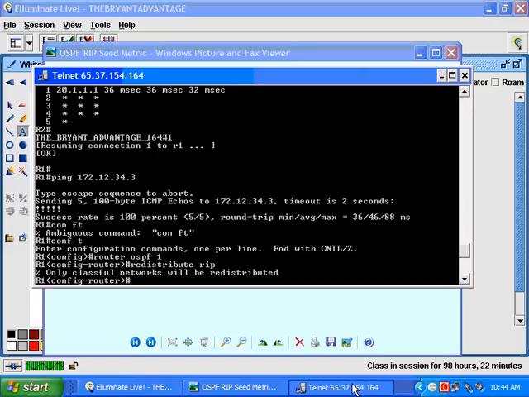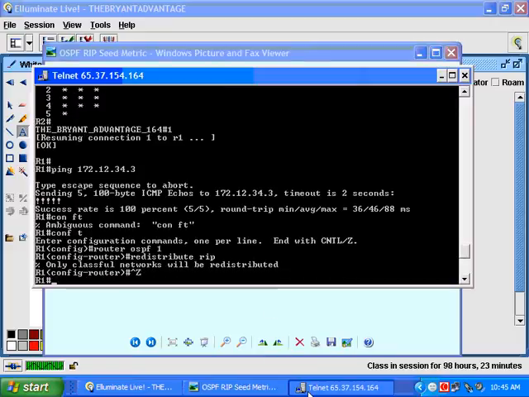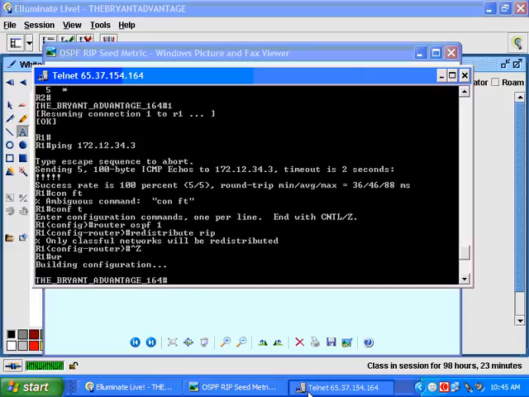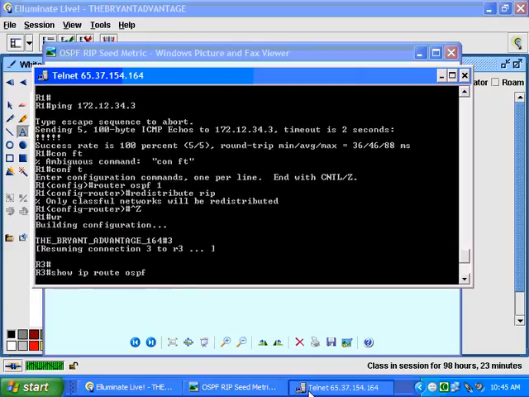So right now we have redistribution working, but the only networks that will be redistributed will be classful network numbers. And I think it's safe to say that the one we're trying to get over there, this segment, 21.1.0, is not classful.